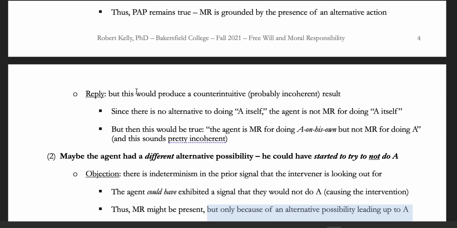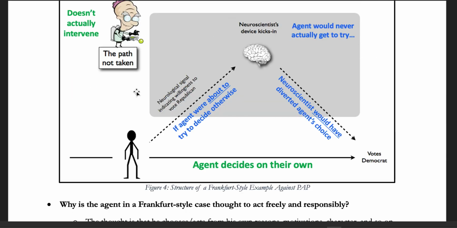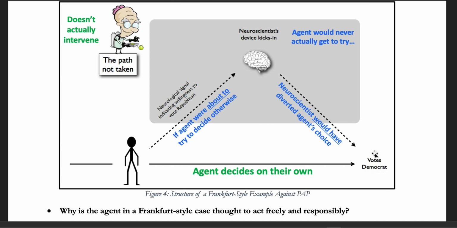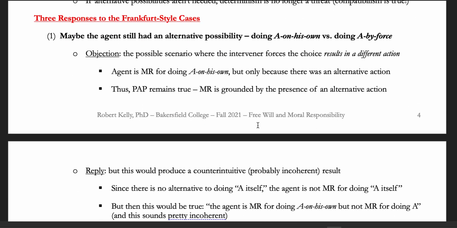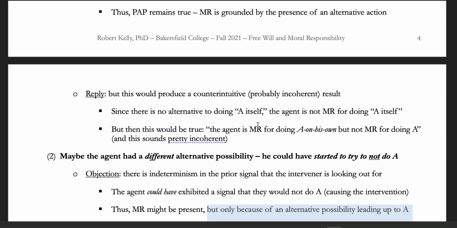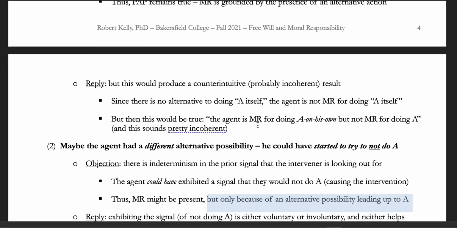Like, wait, why is there no alternative? I get, okay, fine. You're going to end up doing the same thing, but there is this alternative thing that could have happened here, right? You could have taken a different path. And why isn't that just what we mean by path? More responsibility requires this ability to have taken another path. And it does seem like you get that.